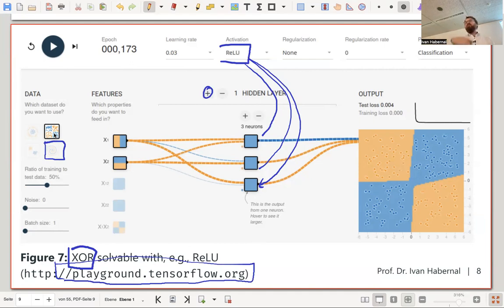So you need to add maybe more hidden layers or more hidden neurons. I really suggest you go and play with that, because it's really fun to see how the space is nonlinear, but the function is able to learn it with enough hidden layers. Okay, so one or more hidden layers, we call it deep learning. So now you have learned deep learning. There is no more magic around it.